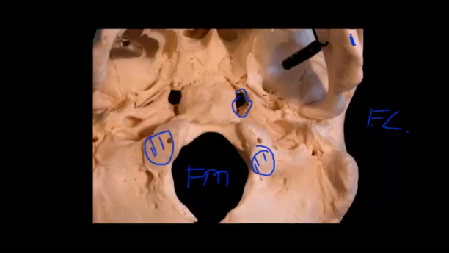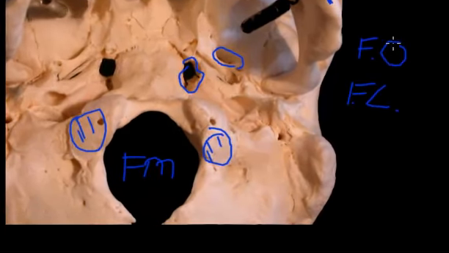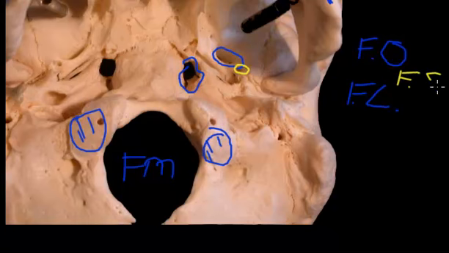And just out to the lateral and just in front of it is this foramen here, which is foramen ovale. And that is the key foramen when talking about the mandibular division of trigeminal nerve. And if you look just behind it, you can see a little tiny foramen called foramen spinosum.